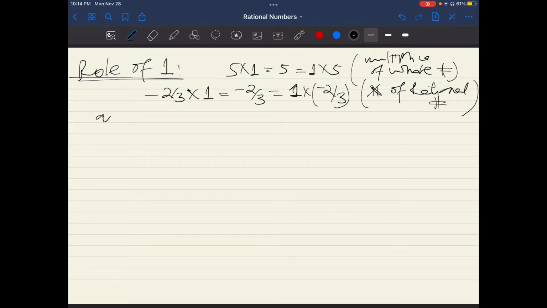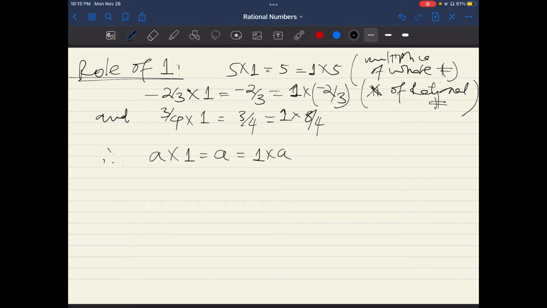And now let's look at 3 over 4 times 1 equals 3 over 4, which is equal to 1 times 3 over 4. Therefore, we see that a times 1 equals a, which equals 1 times a for any rational number a.